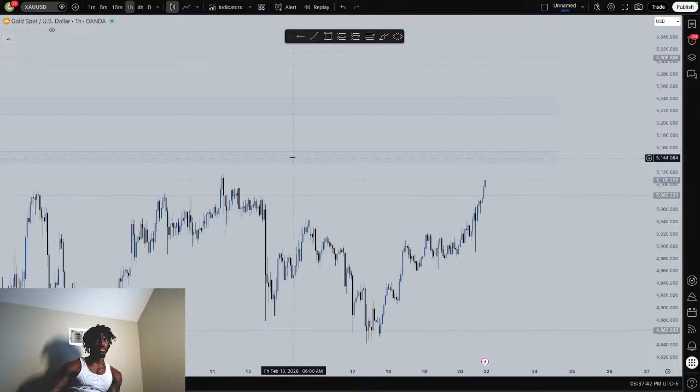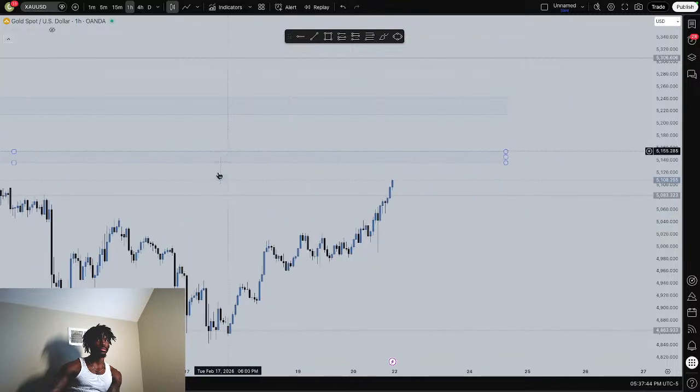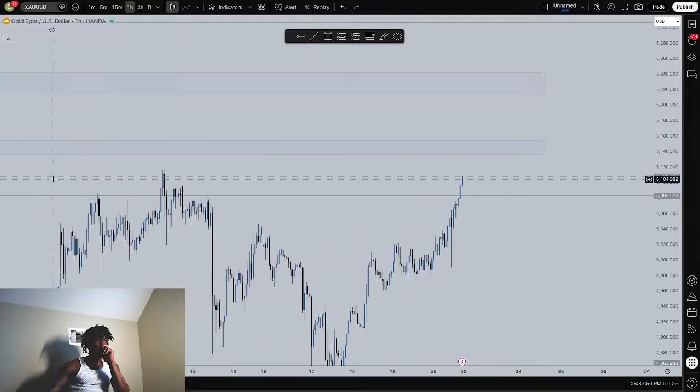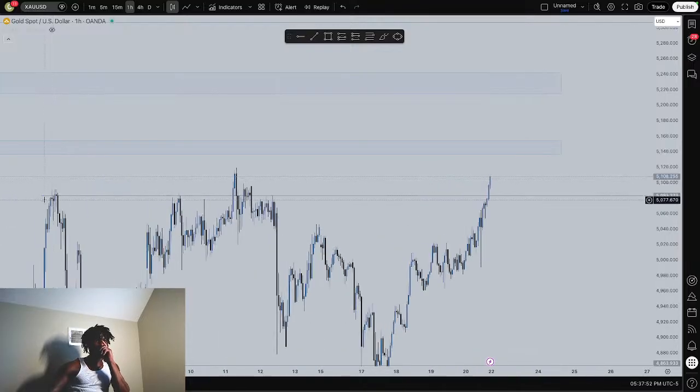Actually, no, I'm just going to focus on market structure when it comes to this. So gold is currently bullish right now. What has to happen is gold has to actually maintain above 5100 and not reject it. If price trades back below, this is just another fake out.